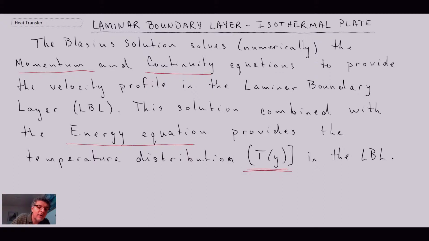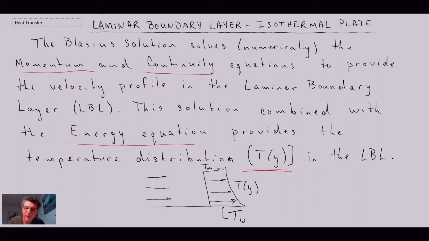So we have our flow coming in this direction. If you recall, we said that our temperature profile, if the wall was heated, might be something like this. The temperature of the wall would be here, and out here would be T infinity, and this is T of y. That's what we're after in order to get the convective heat transfer coefficient.